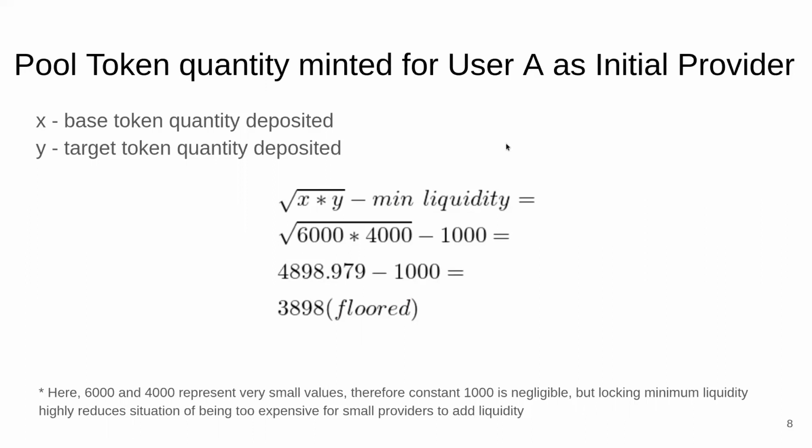So yes. As you can see, we need to calculate the amount of pool tokens from our reserves, which is calculated by the square root, and our minimum liquidity is basically deducted from the initial adding of liquidity, in order that some amount of liquidity is maintained in the pool, so that the pool would not be so unbalanced that small providers, who cannot afford to put in too much liquidity, could still add liquidity.